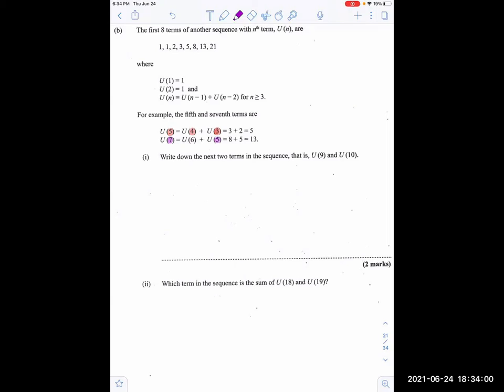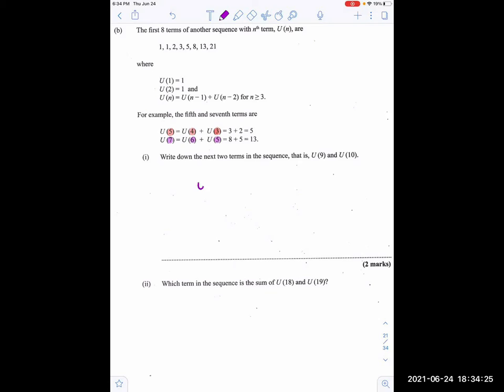So it is the 5th and the 6th term. So if you follow the pattern 3, 4, 5, which is the sum of the 2 terms before 5, and for example, the 7th term is the 2 terms before 7, which is 6 and 5.